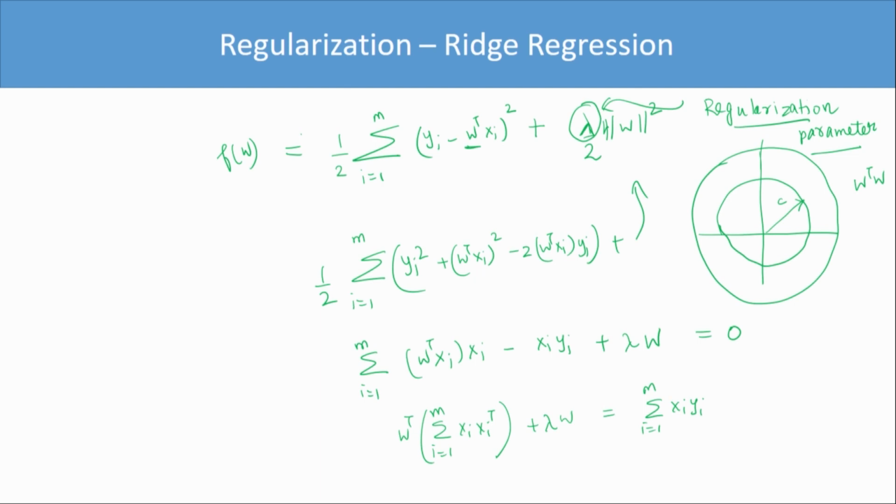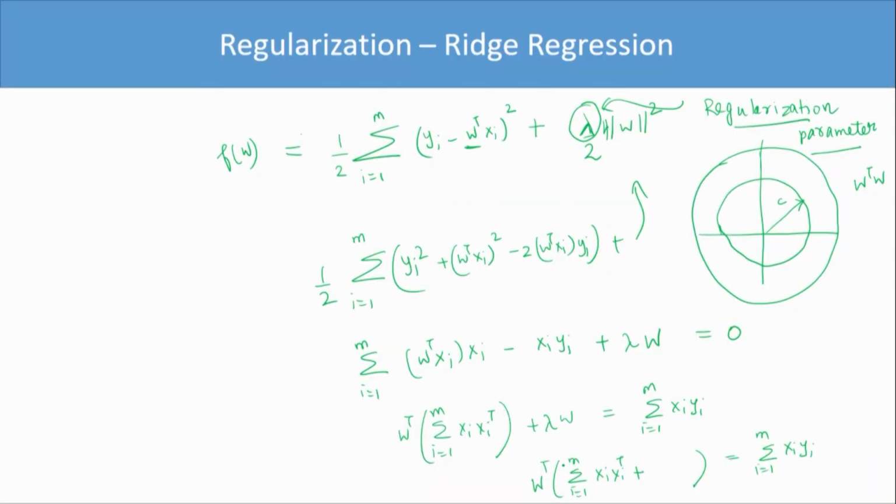So now if you just try to solve for w, this is w transpose sum 1 to m xi xi transpose plus what should be this? What is the extra term that gets added here because of this? So if I am taking w common out, what should I add here? What object is this?